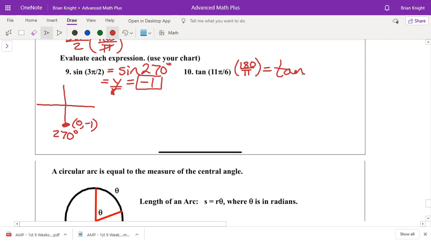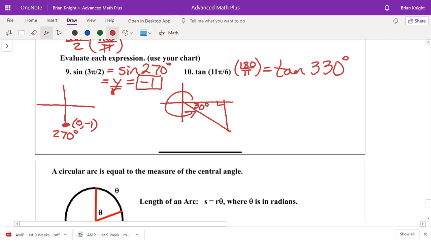Majority got 330, all right? So, 330, what quadrant would that be in? Fourth quadrant. So, I'll come over here, draw my angle in the fourth quadrant. What would my reference angle be for 330 degrees? 30. Okay.